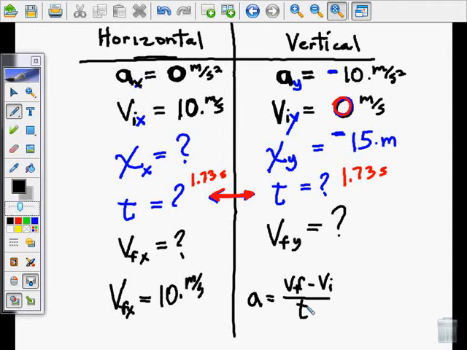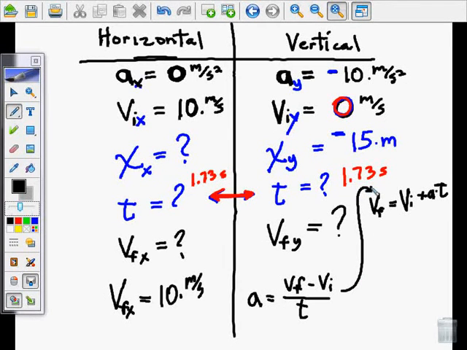If I rearrange it, you get another common look: final velocity equals initial velocity plus acceleration times time. That's just this rearranged.